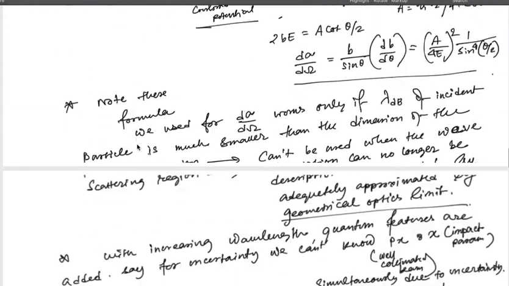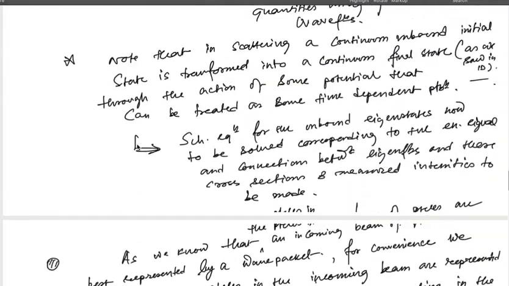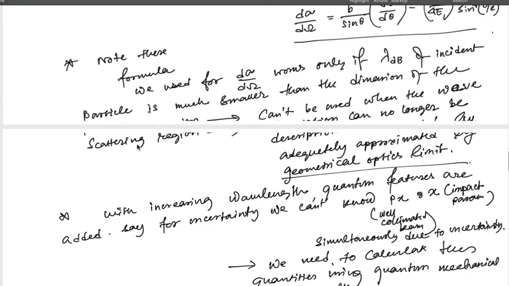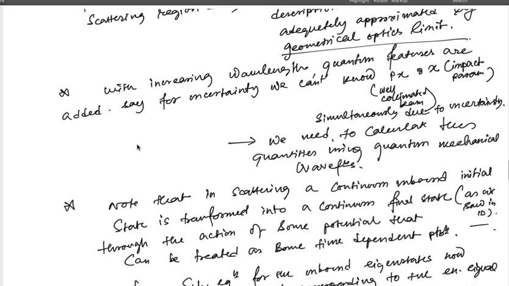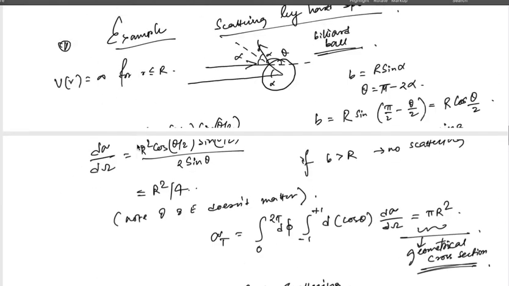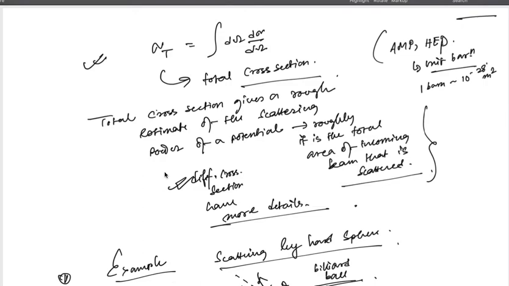So if quantum mechanical properties are important, then you cannot know x and px both with full certainty. That's what the uncertainty principle tells you. But for a well collimated beam, this px should be 0 actually, because the entire momentum should be directed toward the scatterer.